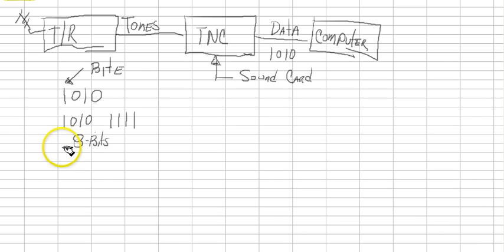When we do 8 together, we call that a byte. So 8 bits equals a byte, which is kind of easy. Also, if we were to send just 4 bits, that's called a nibble. How about that, a nibble?